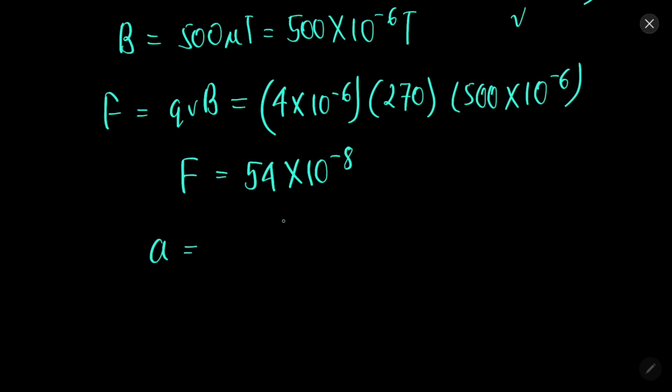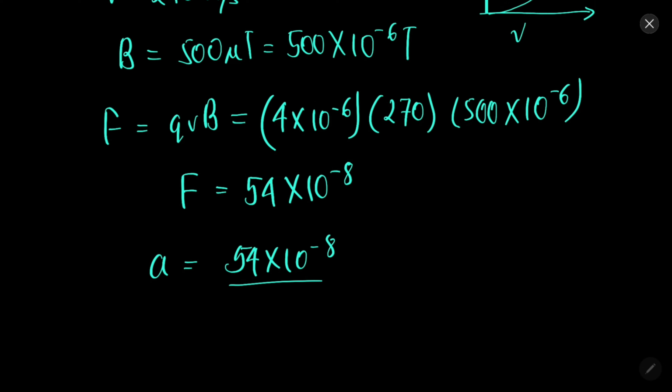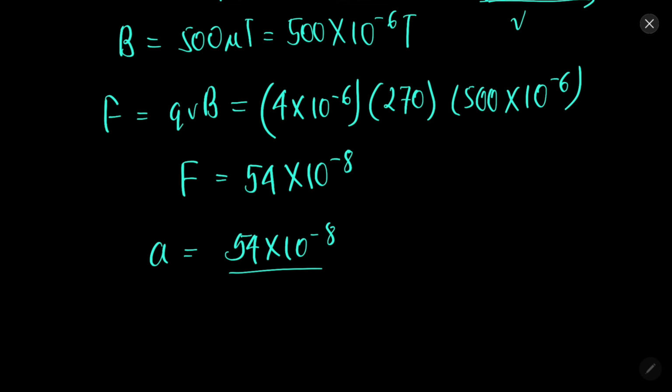Now acceleration will be 54 into 10 to the power minus 8, that is force, over the mass, that is 10 to the power minus 2. So it will be 54 into 10 to the power minus 6 meters per second square.